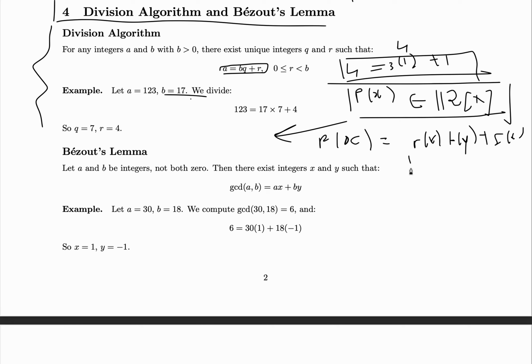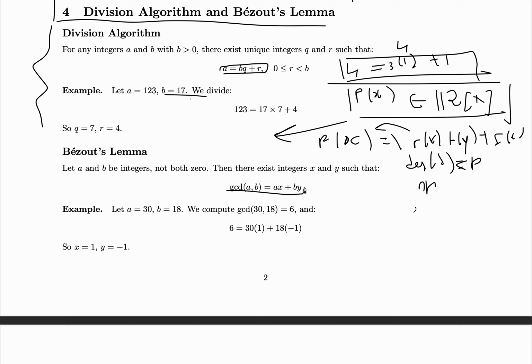The degree of s should be less than the degree of p, and the degree of r(x) plus the degree of f(x) should be equivalent to the degree of p. The degree is just the nth term of a polynomial, like x to the power of n, if we denote it. Now Bezout's lemma, I think, is just an extension.